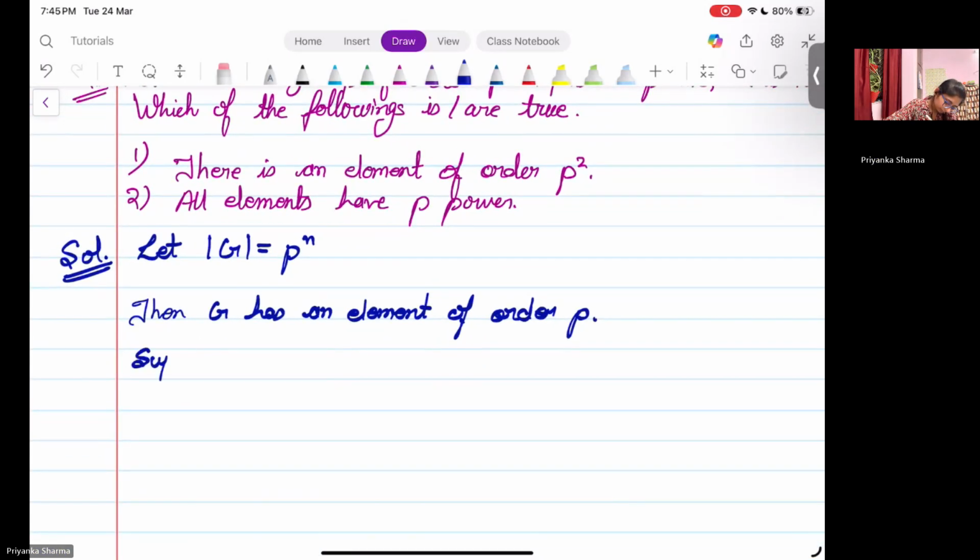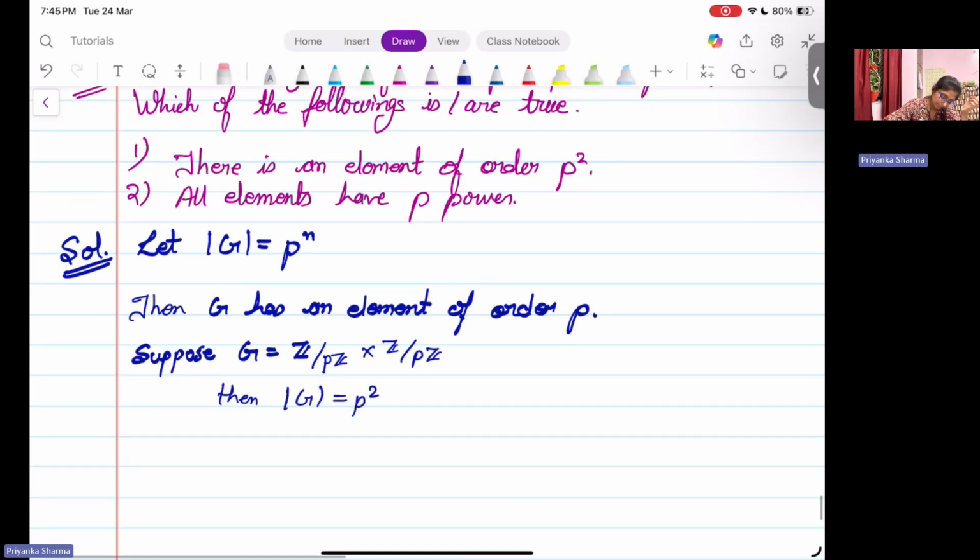So suppose G is something like Z mod PZ cross Z mod PZ, then what is the order of G?